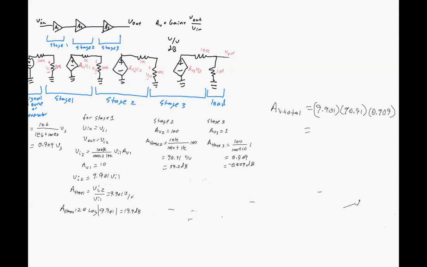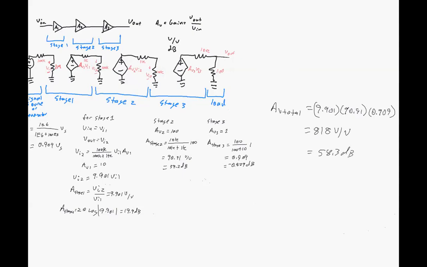We get 740, no, we get a little more than that. We get 818 volts per volt. And in dB, that would be equal to 58.3 dB.